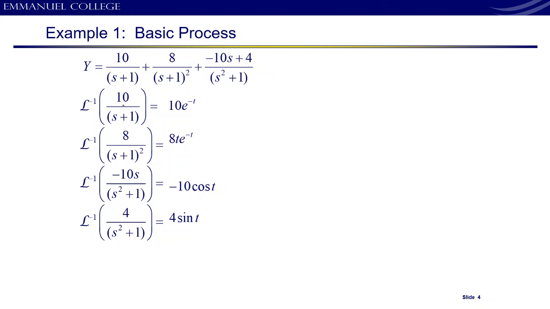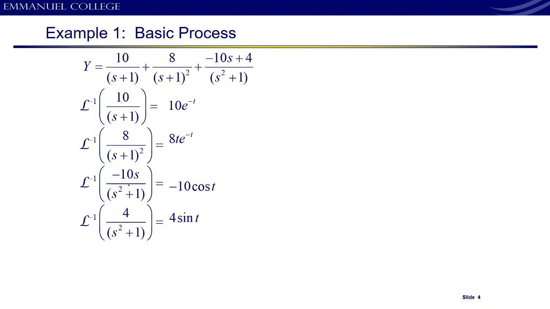You could factor it out through linearity: 8t e to the negative t, because of this coefficient, because you can think about it as the shift of 8 times 1 over s squared.